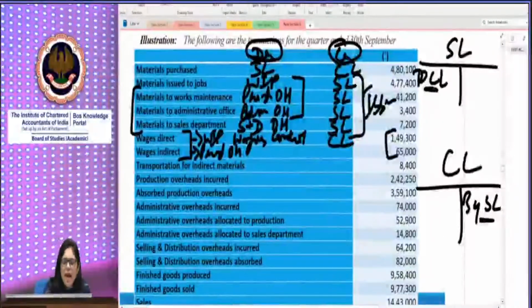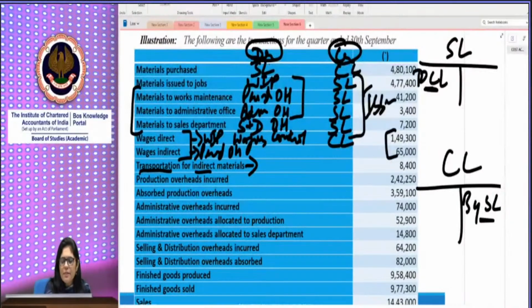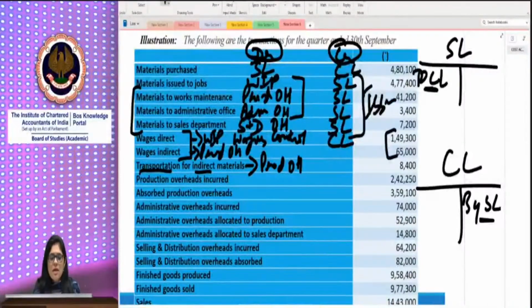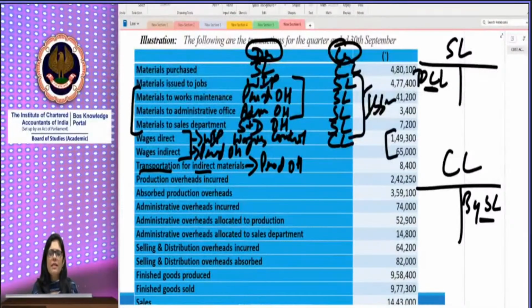Transportation for indirect material must be incurred. Production overhead will be debited. Anytime it comes to indirect transportation, it's coming from outside directly. It's not from stores. Transportation is paid for indirect material, so it will go to production overhead and CL will be credited.